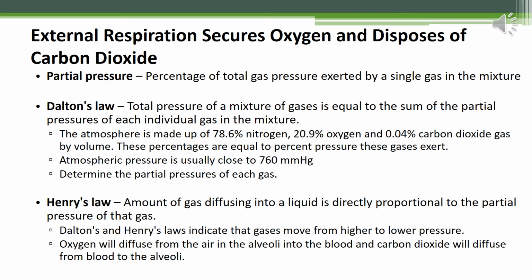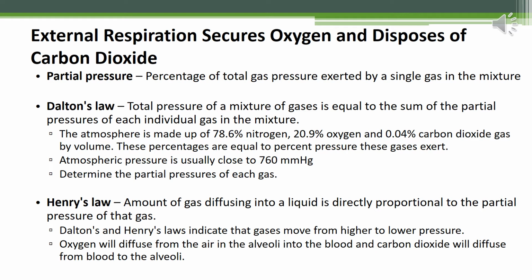Now, Dalton's law states that the total pressure of a mixture of gases is equal to the sum of the partial pressures of each individual gas in the mixture, which simply means we can add together the partial pressures of each type of gas and come up with the total pressure of a mixture of gases. So in the atmosphere, the air is made up of 78.6% nitrogen, 20.9% oxygen, and 0.04% carbon dioxide gas by volume.